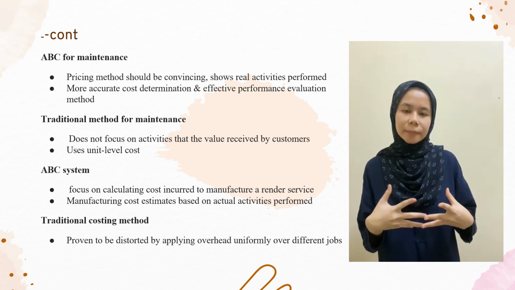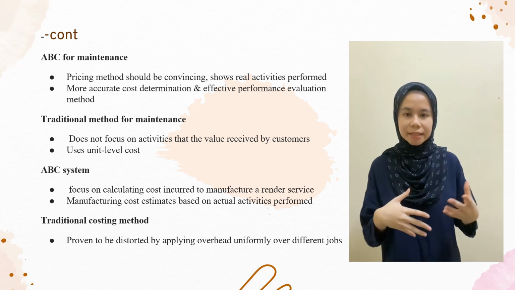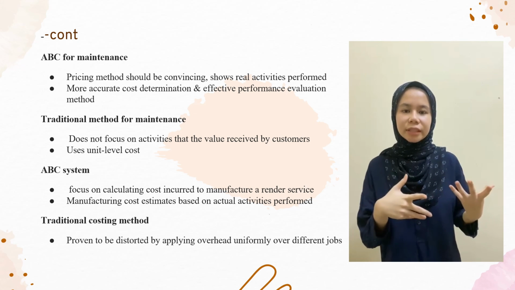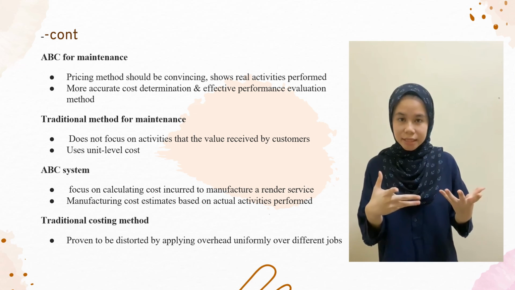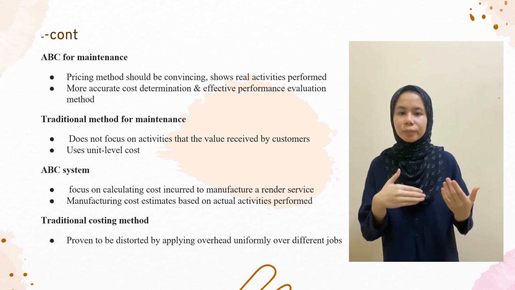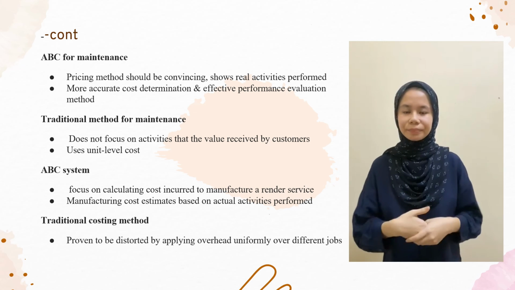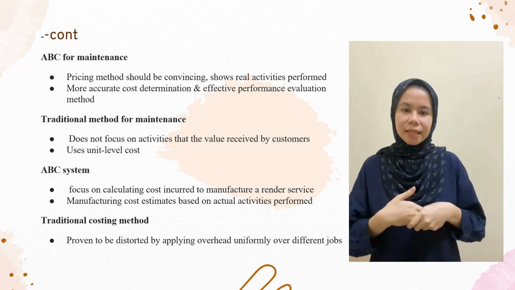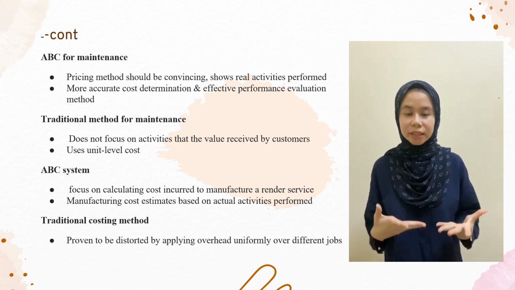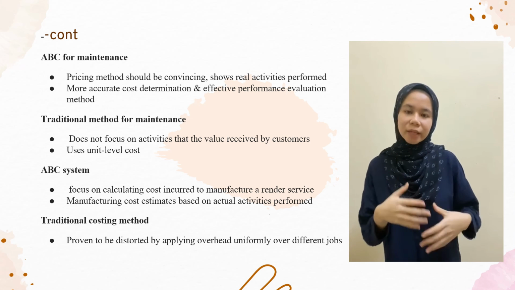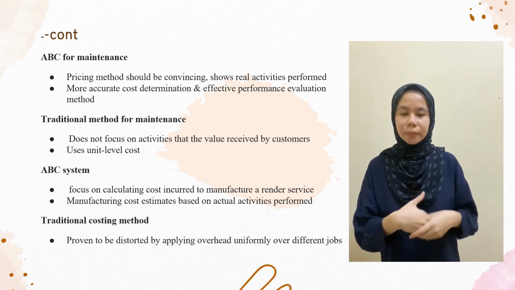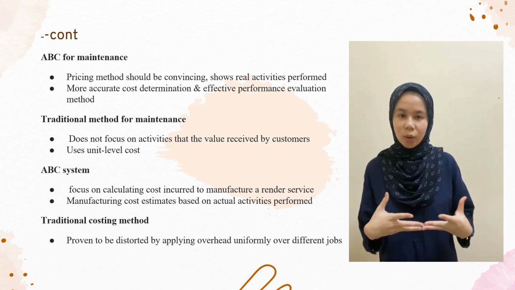It also helps product designers and service providers to estimate the effects of different production processes and service methods, respectively, on product or service costs. With that being said, the traditional costing method has proven to be distorted by applying overhead uniformly over different jobs of varied complexities and activity scope.